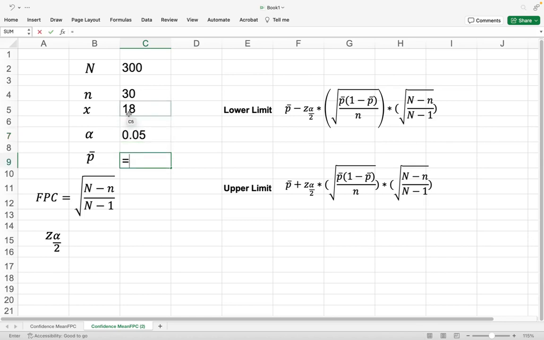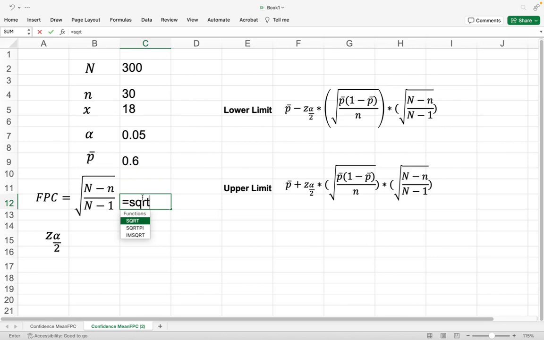P bar is 18 divided by 30. It's the proportion of the employees in the sample that graduated from a business school. Okay. So I need to find FBC.